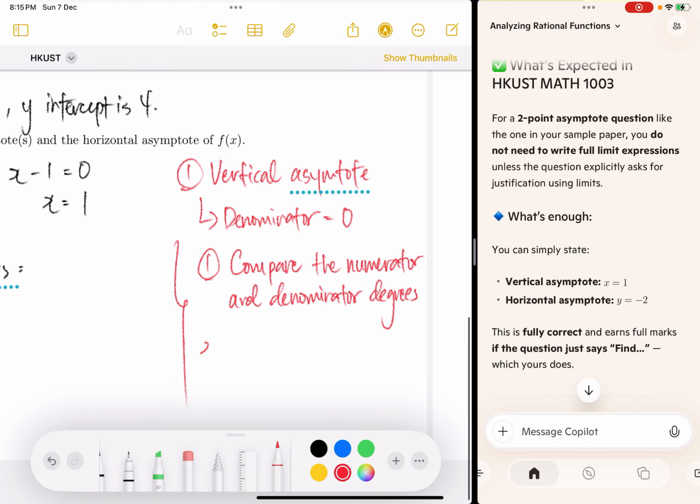And then the second part is to compare the numerator and denominator coefficients.